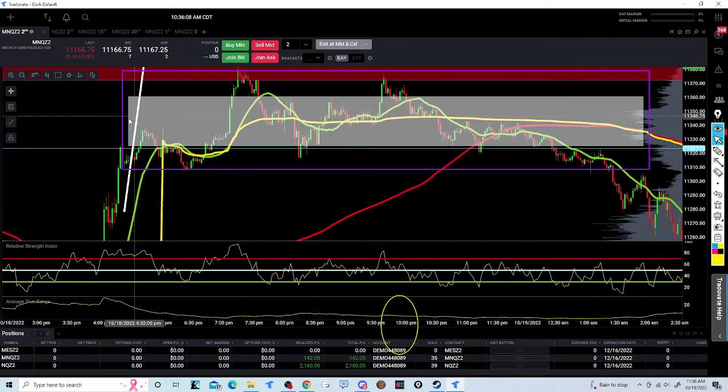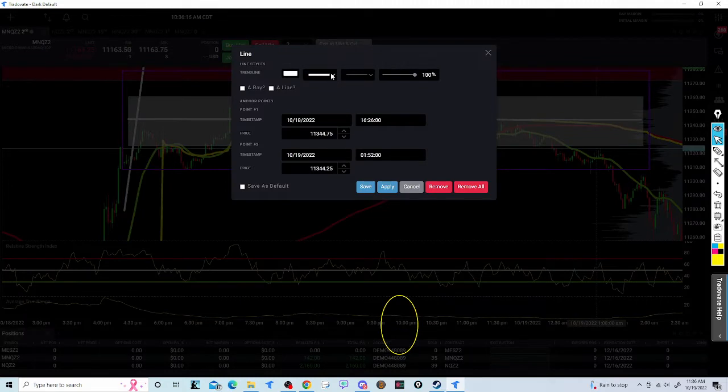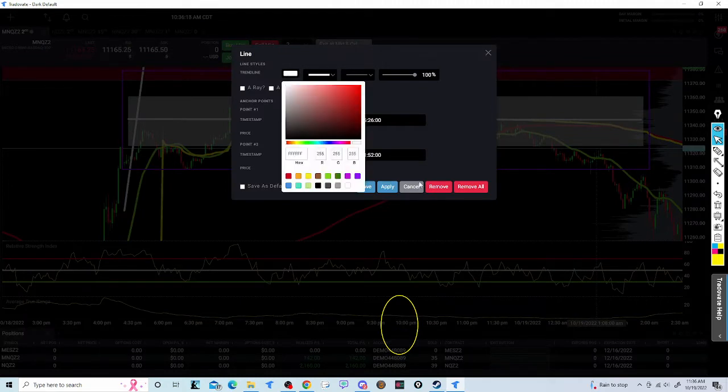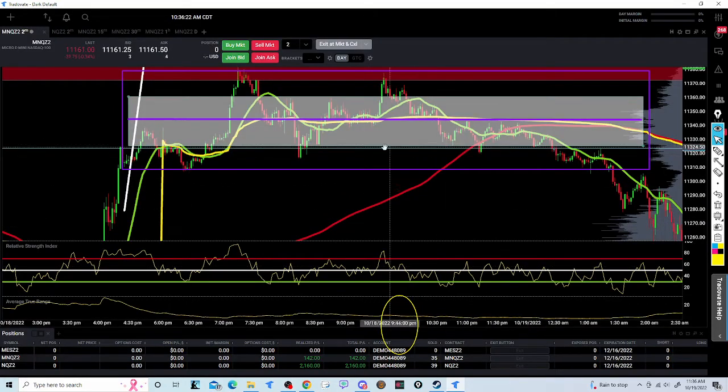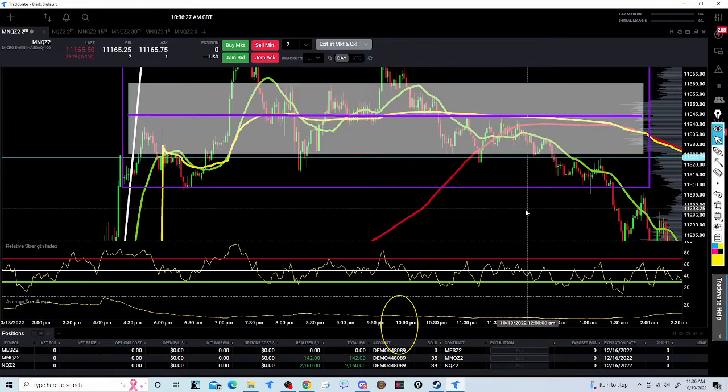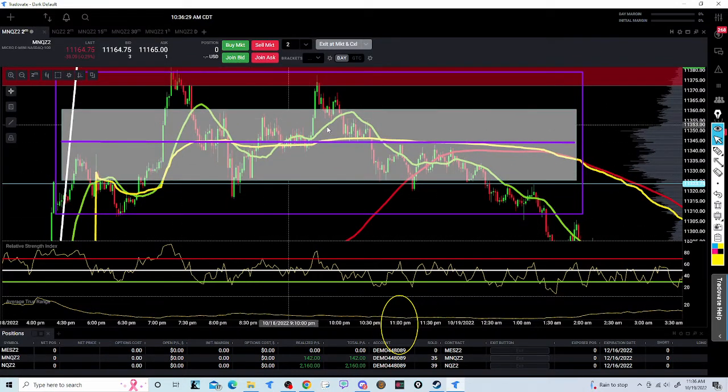You could get a line. We're just looking for that 50% mark. Now with that line, let's make it really big and make it purple. Looking better now, isn't it, guys? So now we have this overall range with our no trade zone and our 50% line.